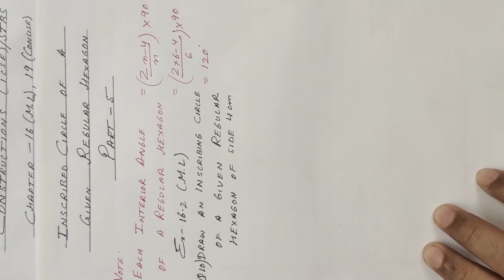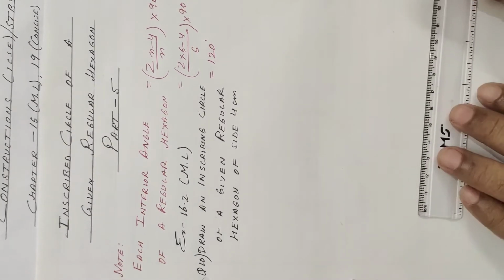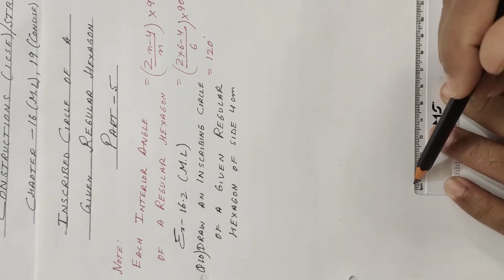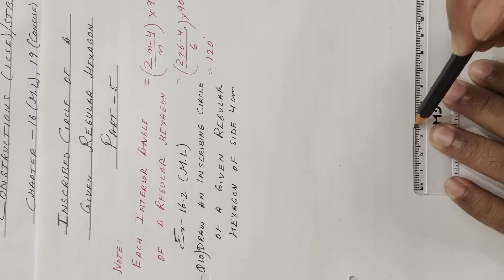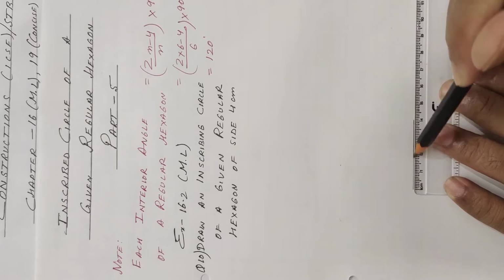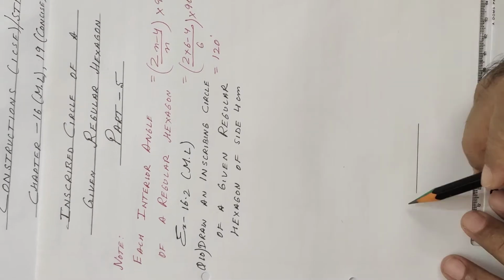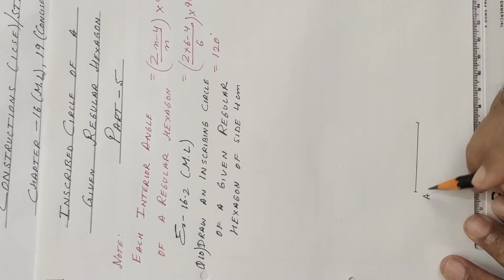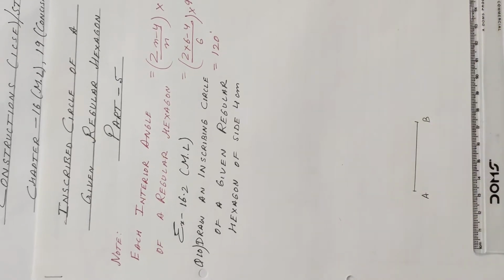So let AB, the base, be 4 centimeters. So here we take AB as 4 centimeters. Now on both sides, children, we will draw a 120 degree angle.